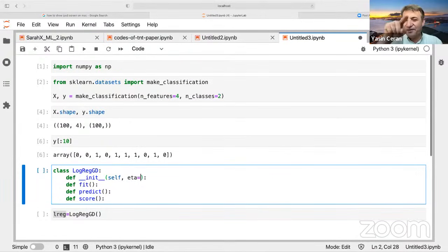Eta is the stepping size. Let's call it 0.01. Again, this is a hyperparameter. You can change it, you can give it a different value, 0.05. Number of iterations. Remember, I said 5,000. Well, you can give another number if you like. And then I'm going to use a random state here. What is random state?